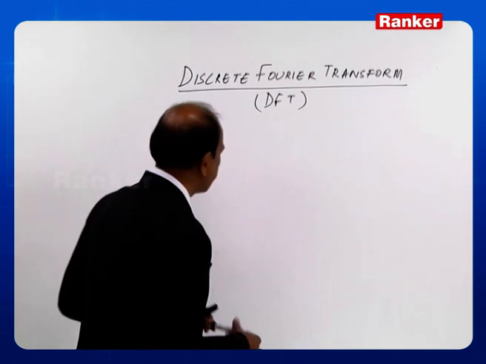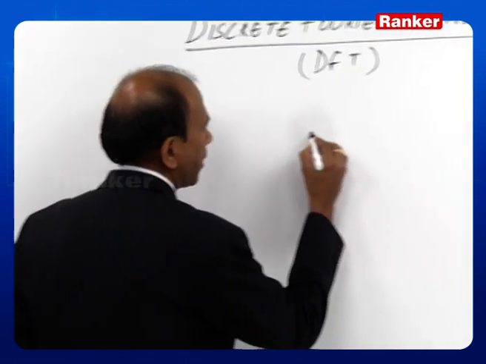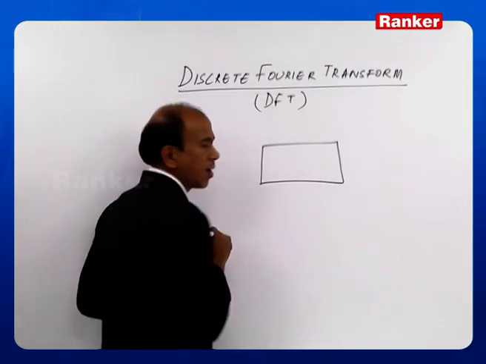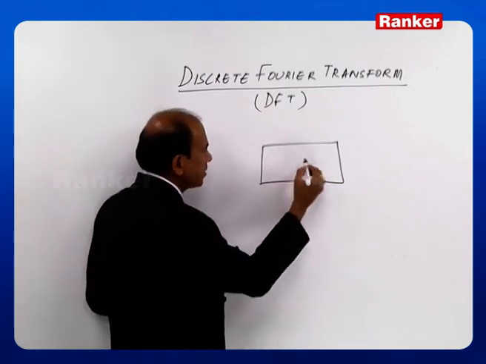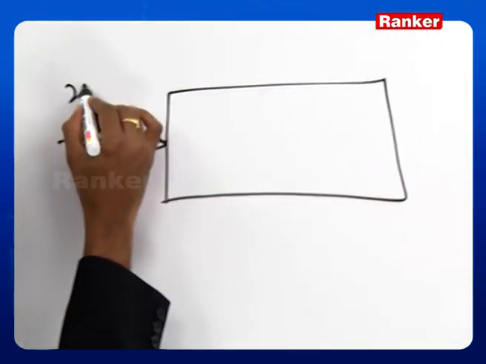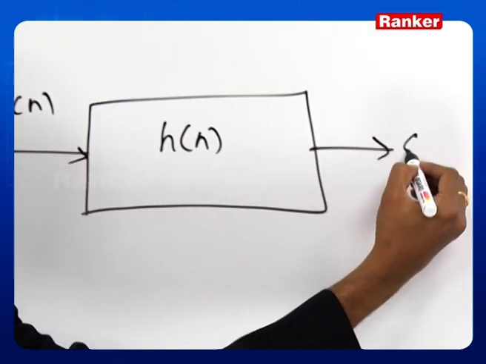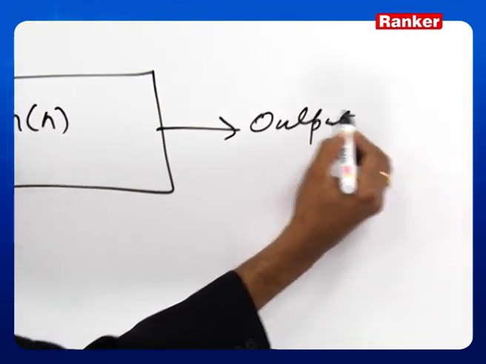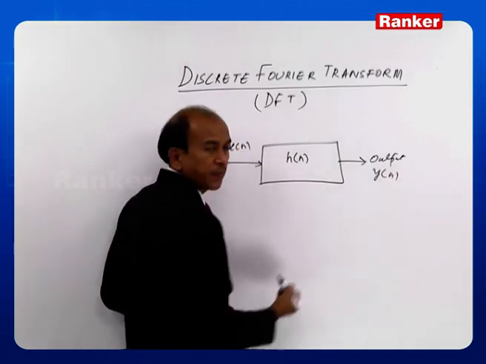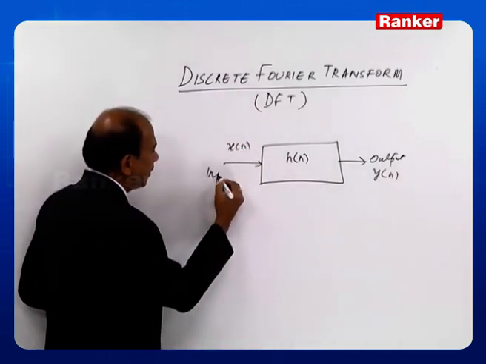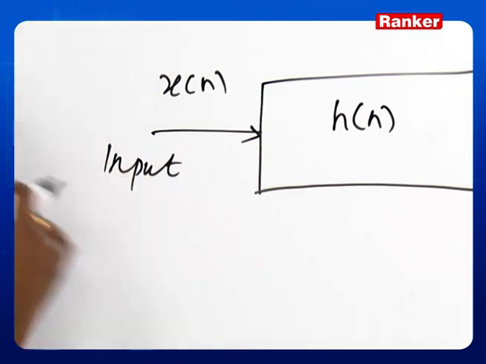Okay, let us see this. I have a system. This is an LTI system. I am giving here x of n, this is my h of n, and this is my output, let us say y of n. This is my input, also called the excitation.